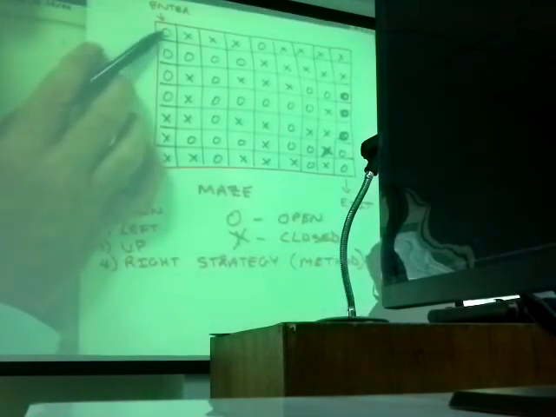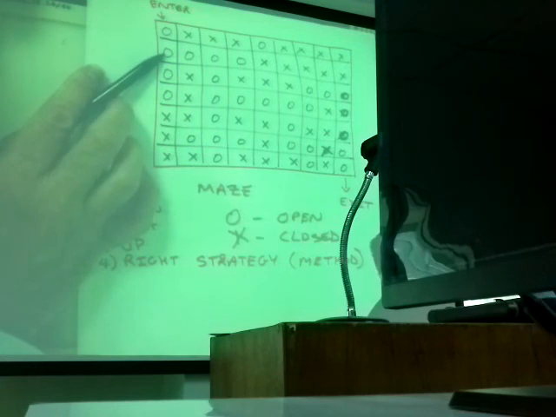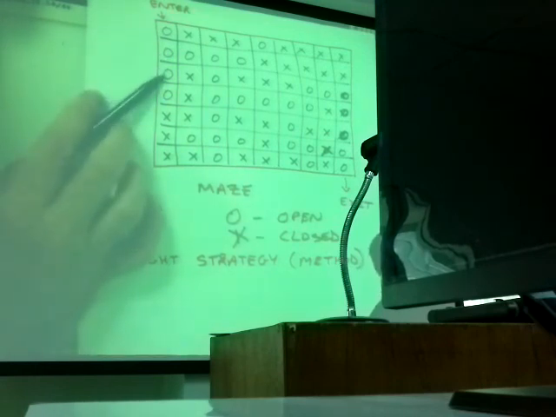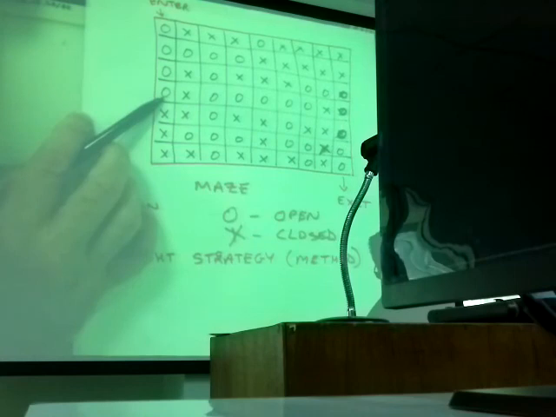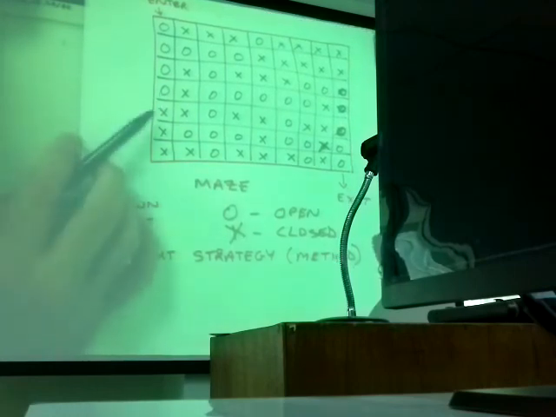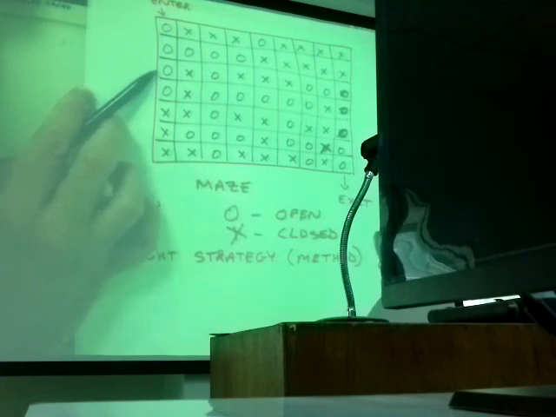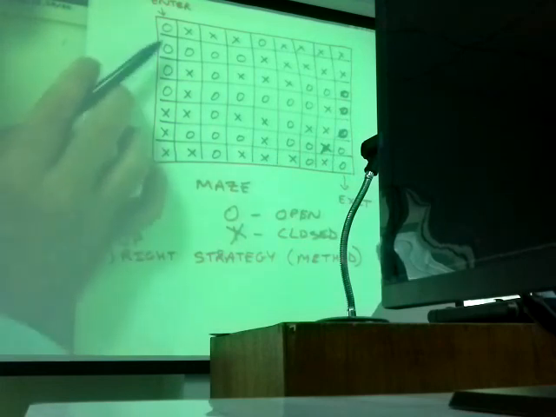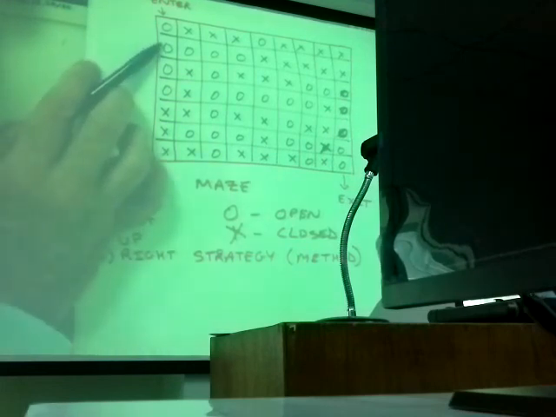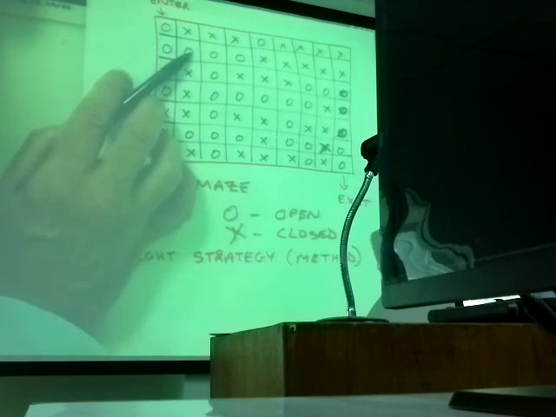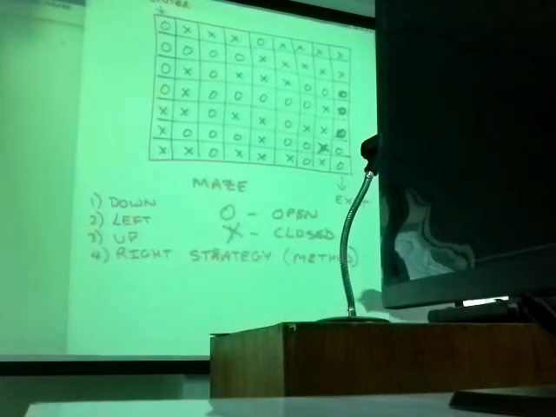So if we go down, we would go here, then here, then here, but then we're stuck. We can't go anywhere else. So what do you do then? You go backwards. Can we go anywhere else? Stuck again, right? So you go back again to here. Then we might try to go to the right. So we need a strategy.